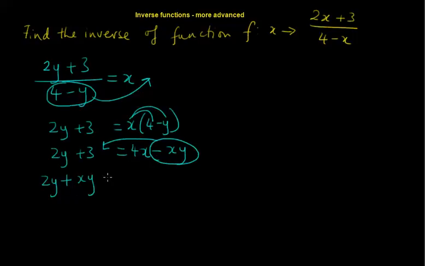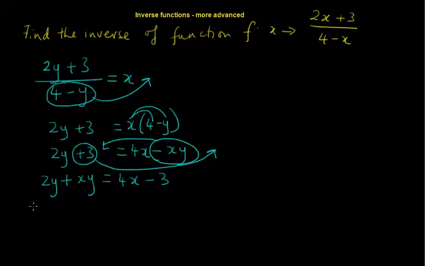So then we start with equals, and on the right hand side we have 4x, and then on the left hand side we have a plus 3 that needs to be moved over to the right hand side, which turns into minus 3. And then this bit is where a lot of students seem to have trouble, because there's y, but it needs to be extracted, and the way we do that is through factorization.